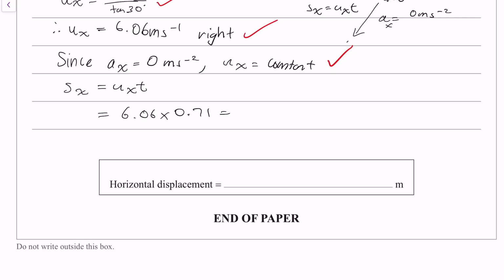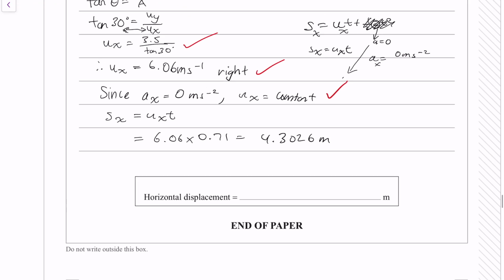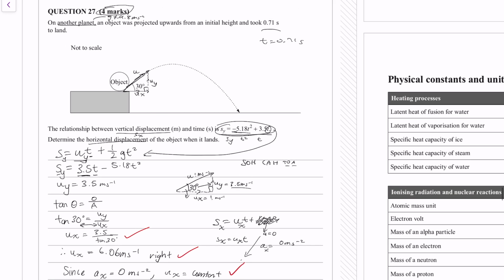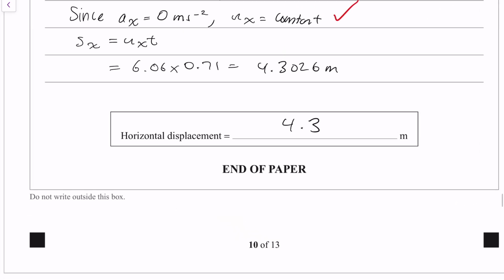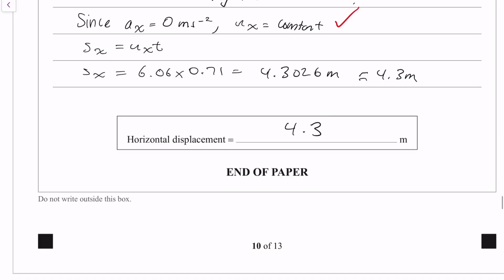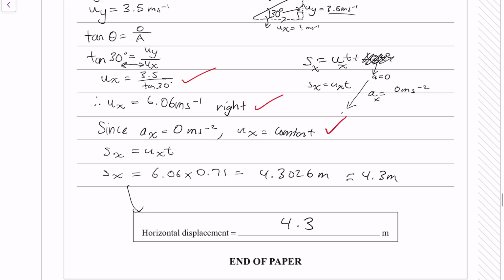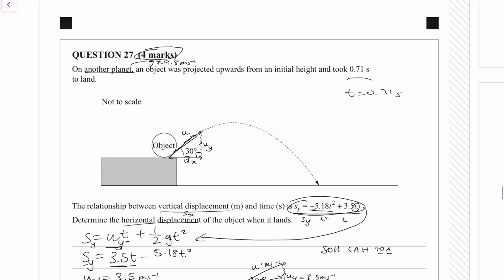And then I get my answer is equal to 4.3026 meters, okay? Or I could just say that it was 4.3, okay, just to round it a bit nicer there. Okay, so approximately 4.3 meters is my horizontal displacement, or my sx, okay? And that gives me my full marks for that question.